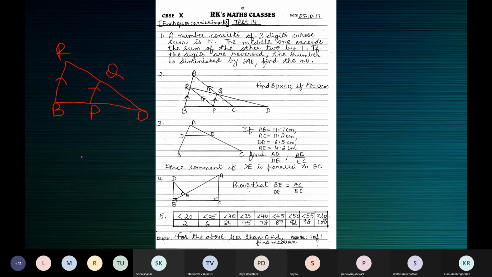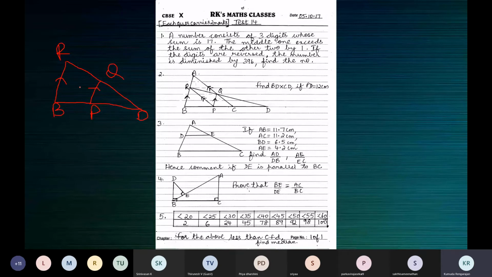All right. Is this correct? DRB in which QP is parallel to RB. Is this correct? Yes, ma'am.